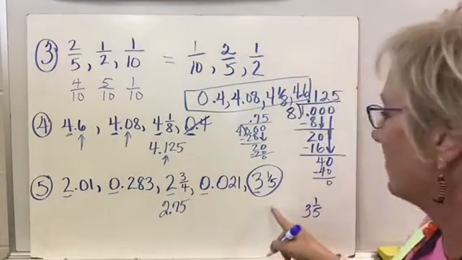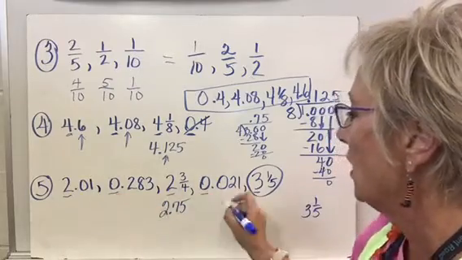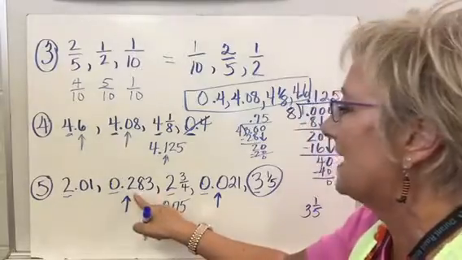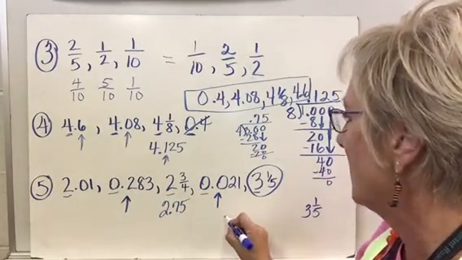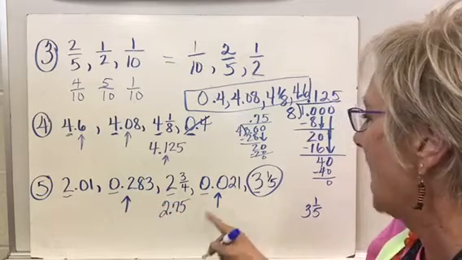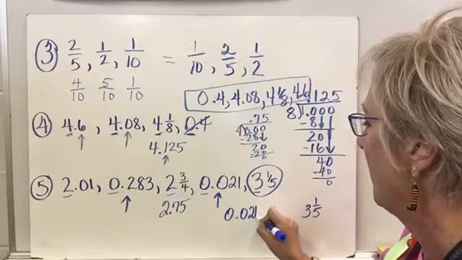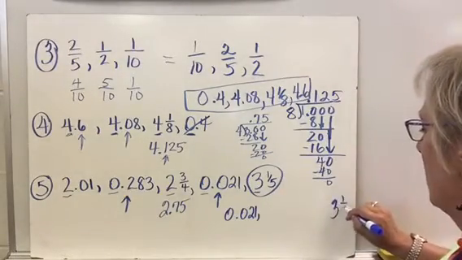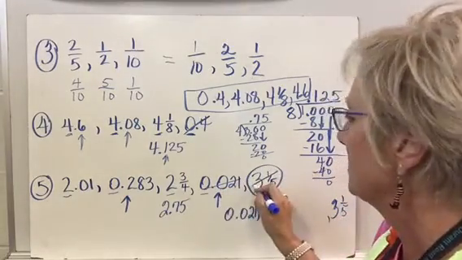So the only thing I've got to do now is go back to the 0 here, look at the tenths column. I know that 0 is going to be less than this 2. So I'm going to come over here and say my lowest number has got to actually be this 0.021 thousandths. And I'm going to erase this and put this 3 1/5 way over here on the side. Okay. Then we've done these two.